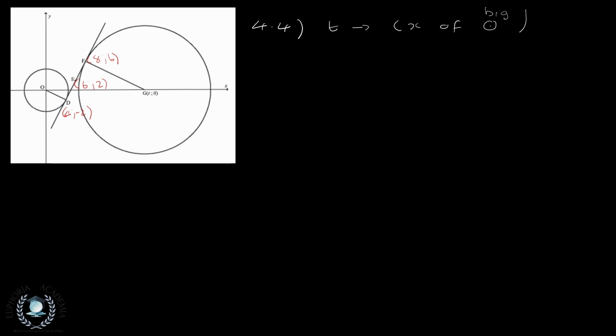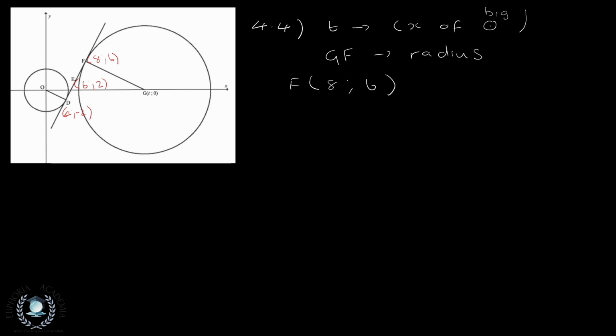So we know that GF is the radius of the big circle because it's from the center and goes outwardly to touch the circumference of the big circle. Alright, and we have the point F, which is (8, 6).